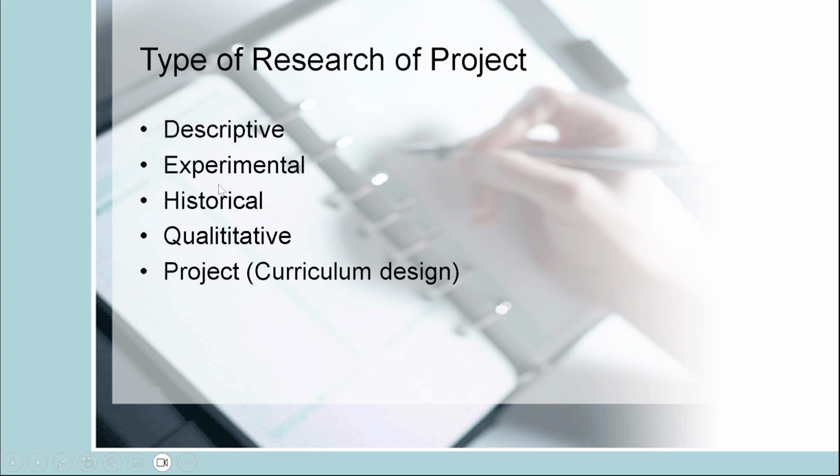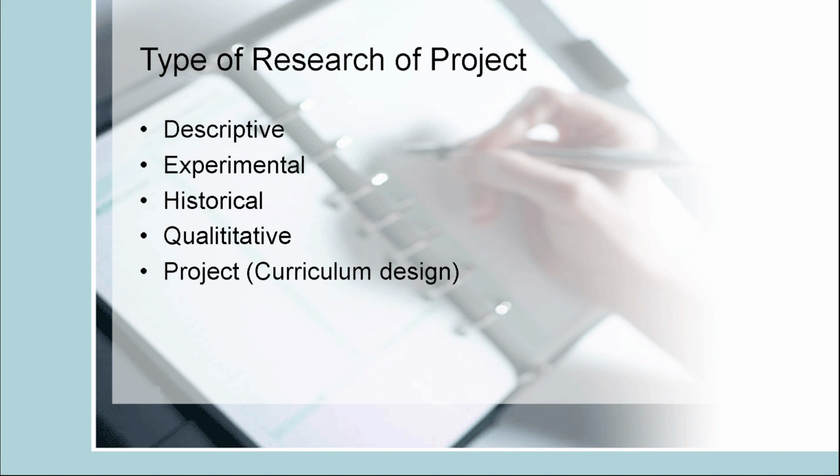Experimental is if you are going to prove some changes, or if there will be a change from sample A to sample B. A common example of experimental research is research that enhances the learning skills of students.